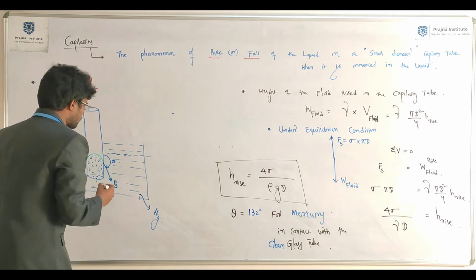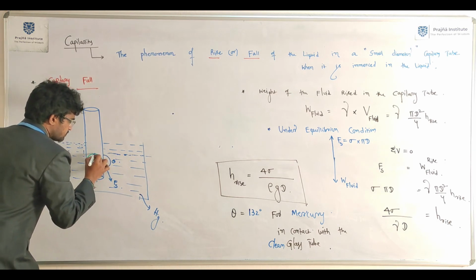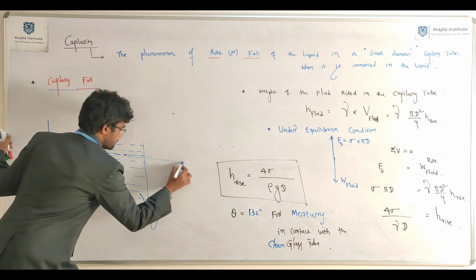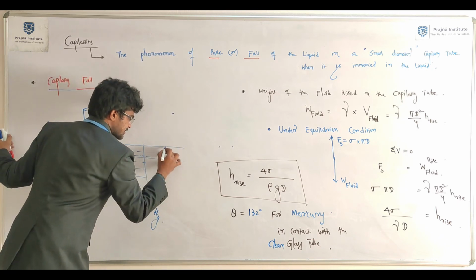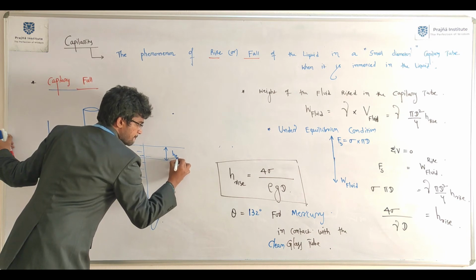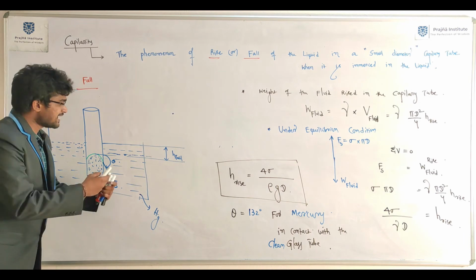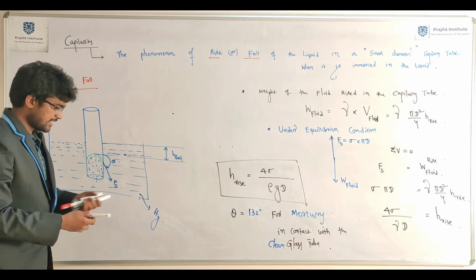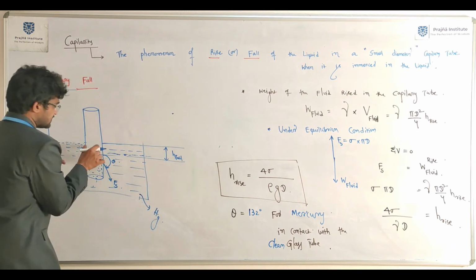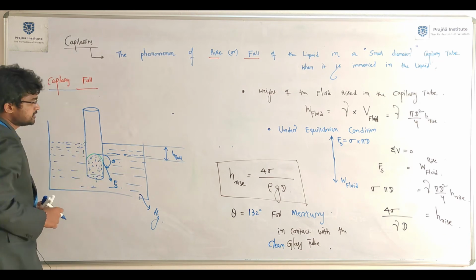So the weight of the fluid, of course, from here to here. Here it is H fall. H fall is nothing but this much amount of fluid fallen in the capillary tube.